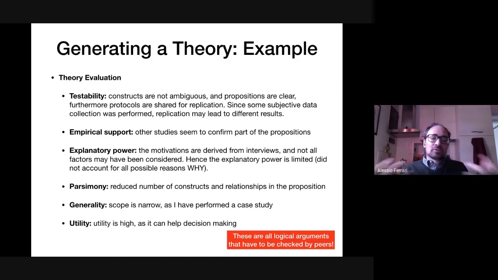Parsimony, I can give arguments that the number of constructs is limited. The generality is a bit limited, because my scope is related only to a field study in a specific company. Okay, but the utility is very high, because it can help decision making.